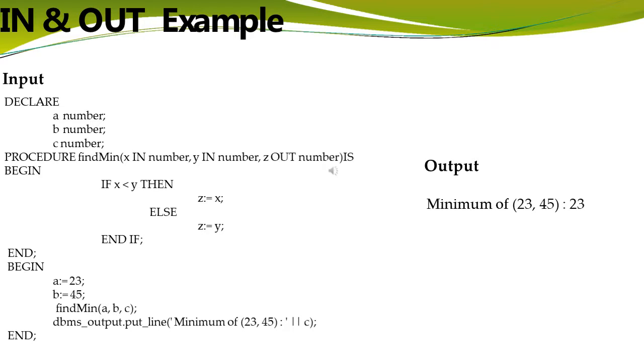IN OUT example. This program finds the minimum of two values. Here the procedure takes two numbers using the IN mode and returns their minimum using the OUT parameter. In the DECLARE section, three numbers are declared: a number, b number, c number.